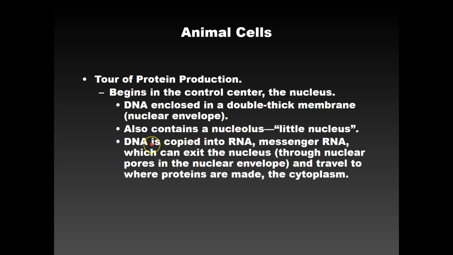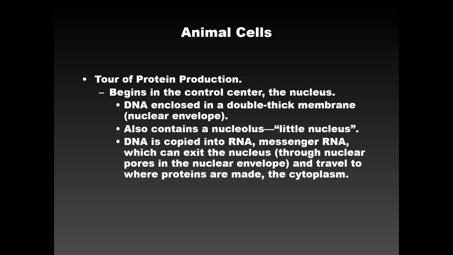What happens is the cell needs proteins, or maybe the organism that contains a cell needs proteins. And so that cell, or maybe that organism, will go to the nucleus and say, hey, I need a protein that does such and such.